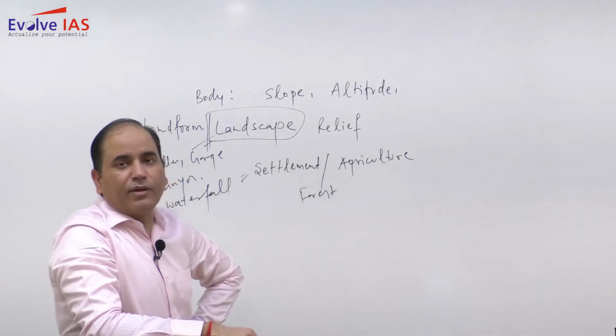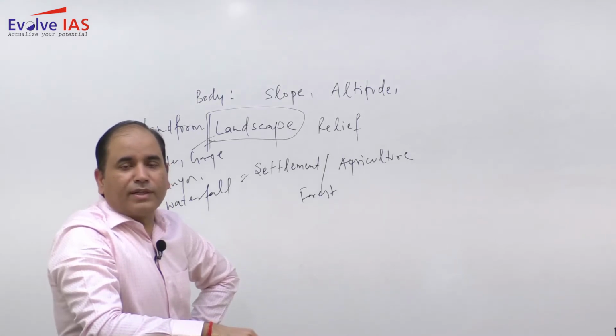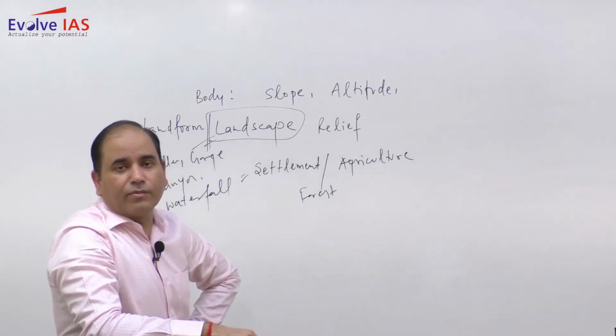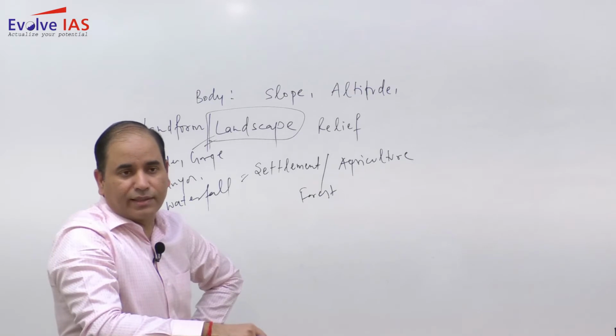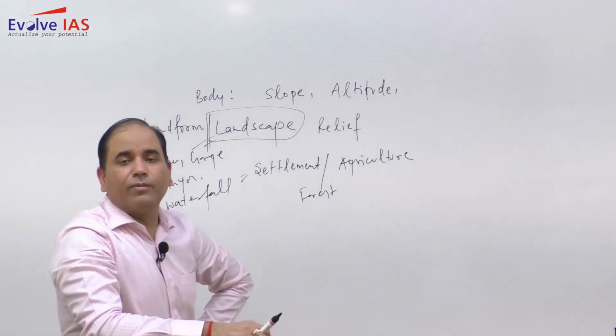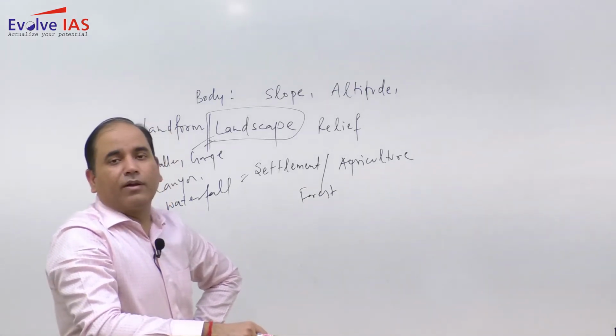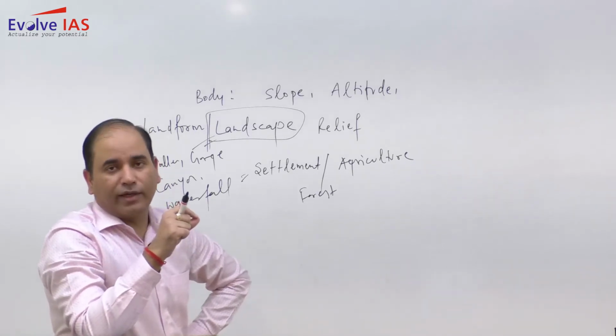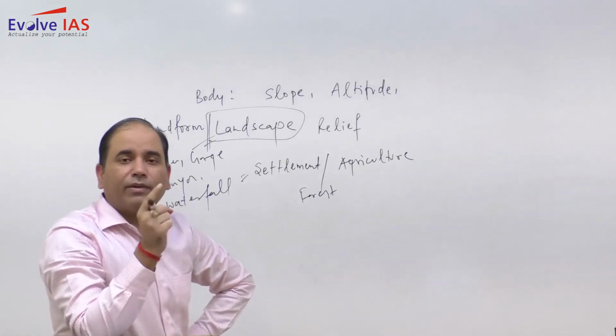In fact, if you look from the perspective of soil development, the development of the soil is very much associated with the slope and relief. In case of mountainous area, where you will have steep slope, the soil that will develop will be a very thin soil.